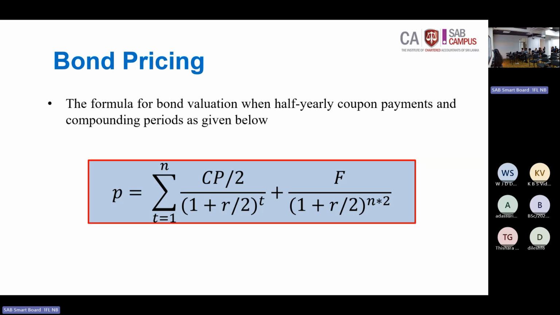How many times are we receiving the interest? N multiplied by M, where M equals 2 here. Last week we discussed the multi-compounding technique. So it involves r divided by 2 and N multiplied by 2.